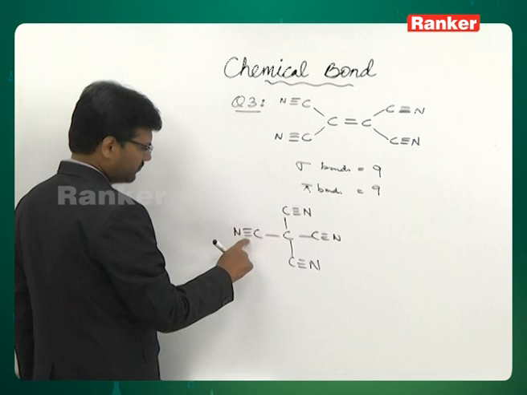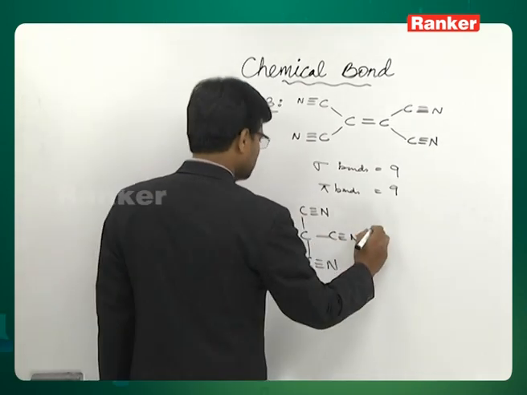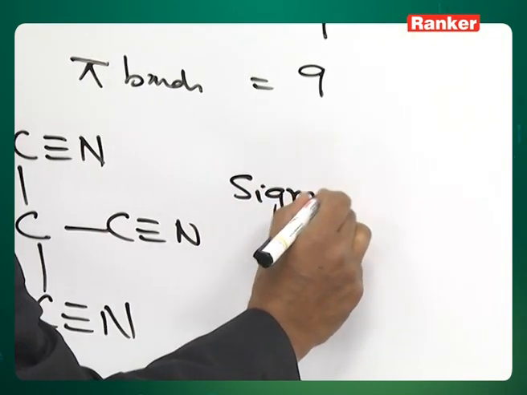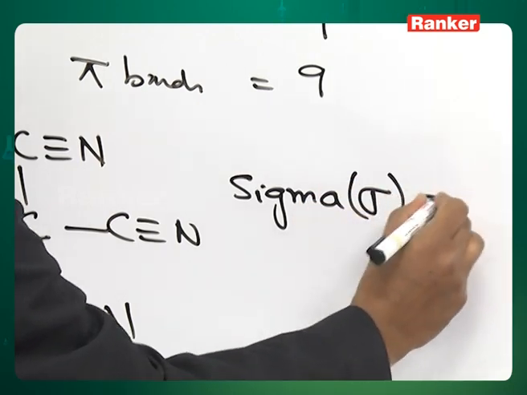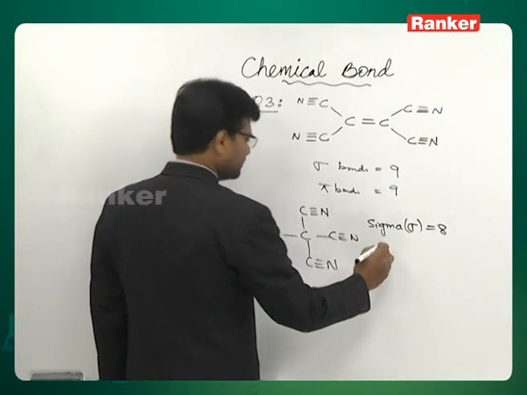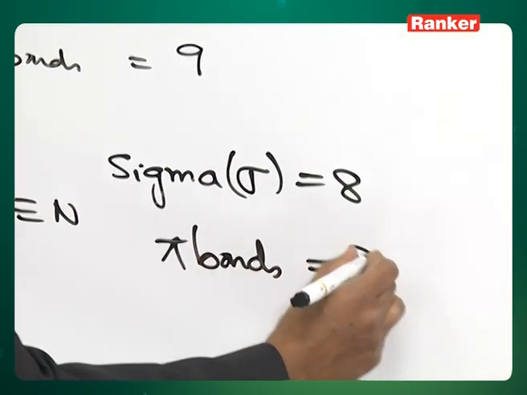If you count 1, 2, 3, 4, 5, 6, 7, 8. 8 sigma bonds. Pi bonds 2 plus 2 plus 2 plus 2, 8. So even this has equal number of sigma and pi bonds.